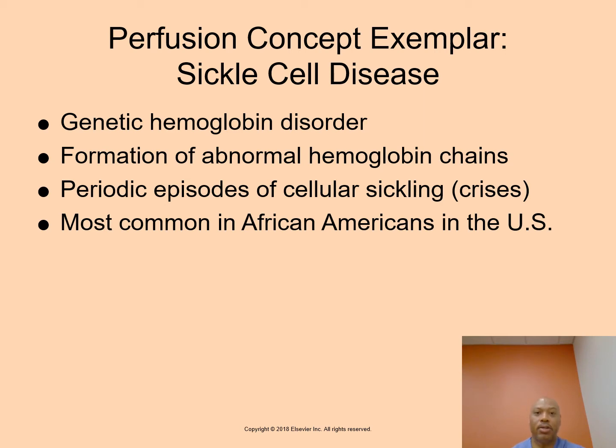Now, a healthy adult has normal hemoglobin, which we refer to as hemoglobin A with a capital letter. Greater than 98% hemoglobin A is in the normal adult.